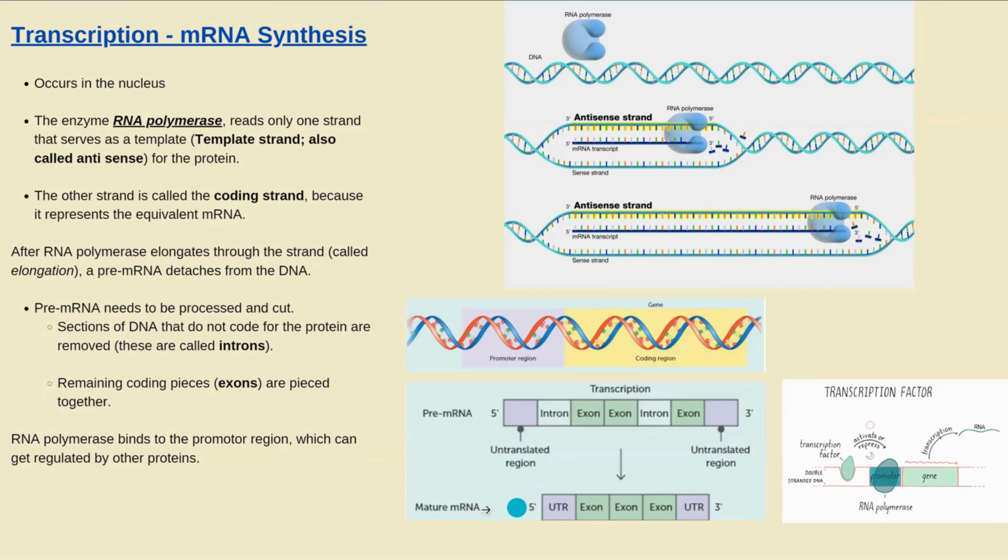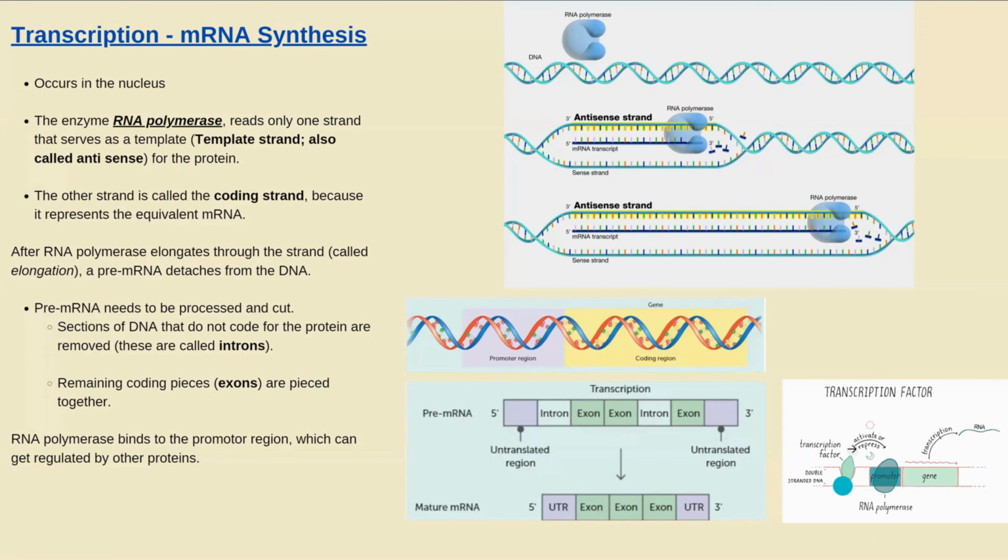Now, this is beyond the scope of the WACE program, but there are some regulatory factors that can influence whether RNA polymerase begins to read it, or whether it gets suppressed. There are many factors that can influence whether or not RNA polymerase will work.